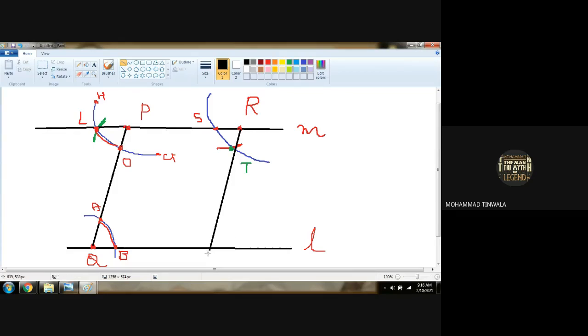This intersecting point is named S. It is given in the question. And this part should be over here like this. The arc should be like this. And this we have to remove. So I will draw this intersecting line.